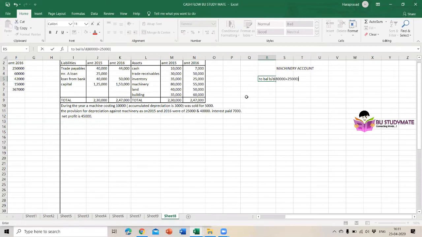Because while writing the opening entry, we have to write both by adding the opening balance and the depreciation. Later on, we will deduct the depreciation amount. So 80 plus 25 is 1,05,000.